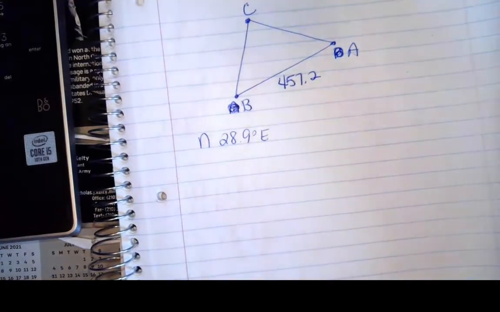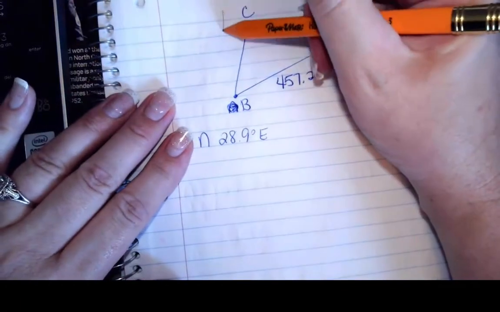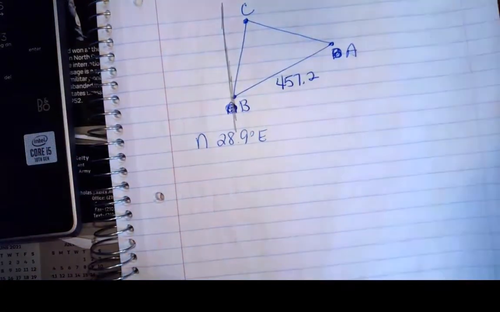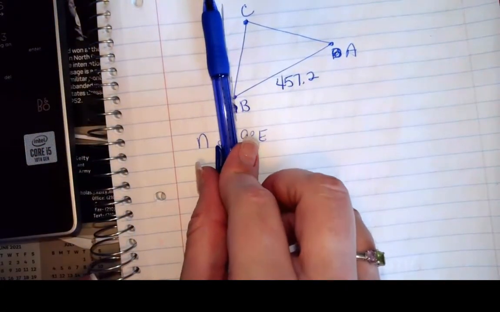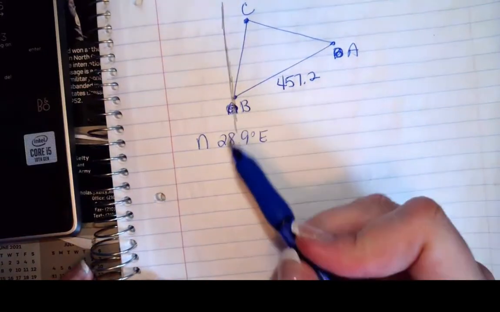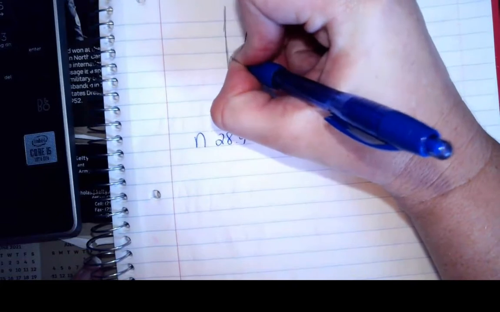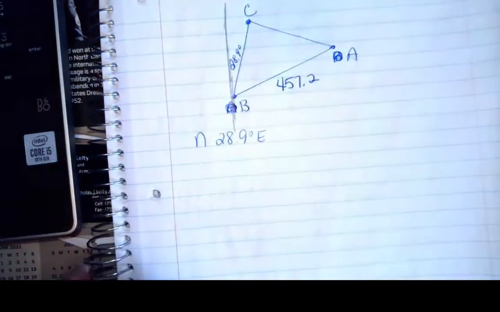If you look at this as B being your origin, then I started at B and I swung out 28.9 degrees to the east. So this right here is 28.9 degrees.